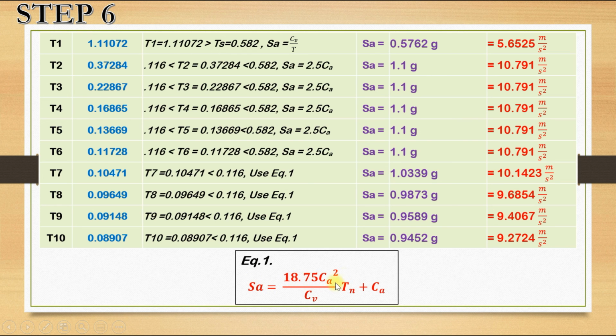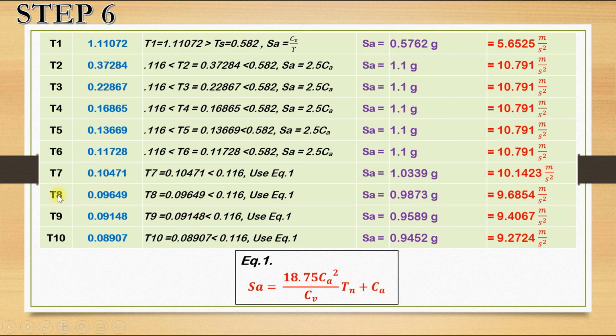So 18.75 times C squared over CB plus TN doon sa period kanina. So plus yung CA. So yung TN dito, since 7 siya, so magiging T7 ito plus CA. So magkakaroon ng value na SA which is 1.0339 times the gravity na 9.8. So ito na yung magiging spectral acceleration for T7. So 10.1423 meter per second squared.